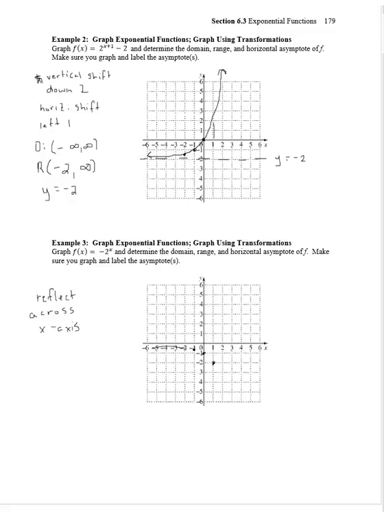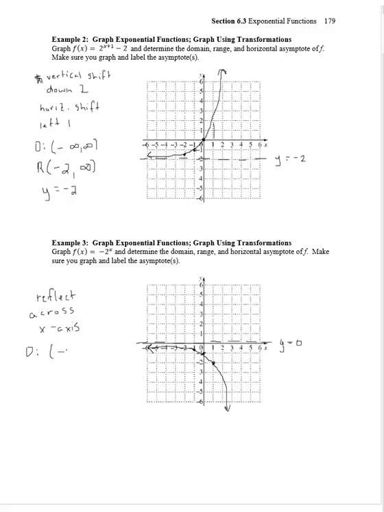And we just try to connect the points. So, since all we did was reflect, our horizontal asymptote stays at y equals 0 because we did not do any shifting.